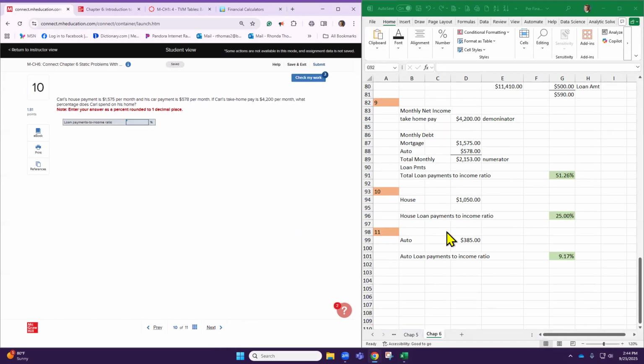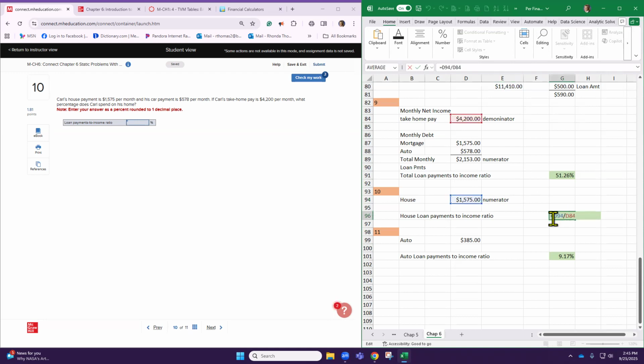All right, number 10, Carl's house payment. There's that 1575. So let me make this equal to that. Once again, his take-home pay is 4,200. I've got the house payment as the numerator, and there's the denominator up here again.